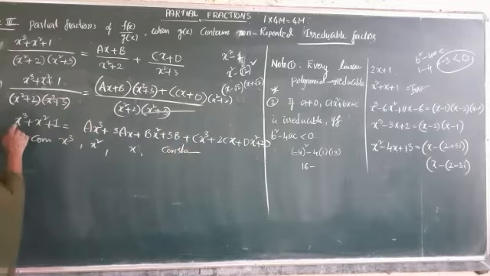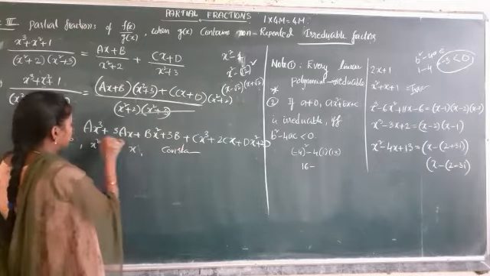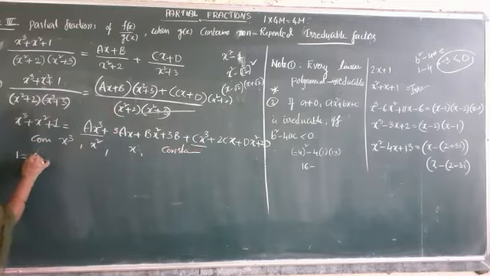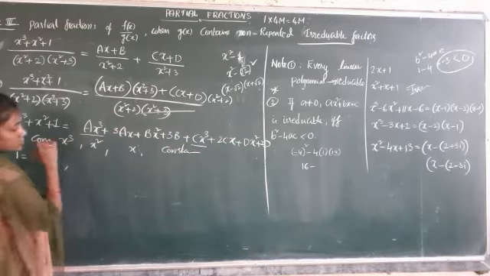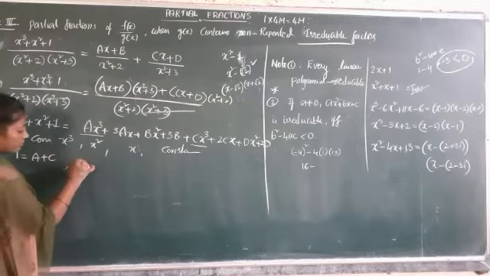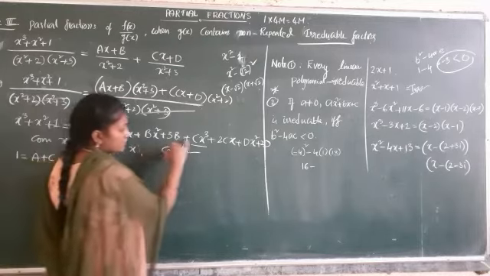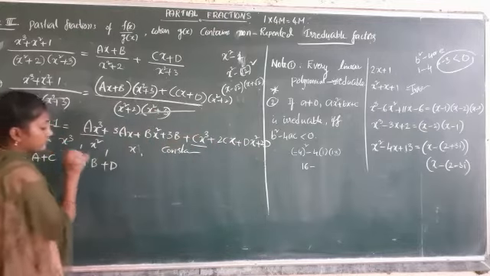Let us see. Here x cube coefficient is 1. Here we have a plus c. That is a plus c is equal to 1. The next one, x square coefficients. Here 1 is equal to b plus d.